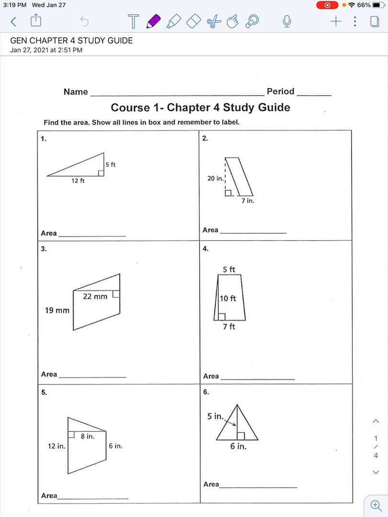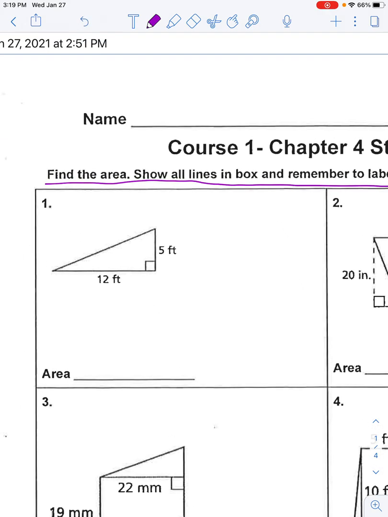Numbers 1 through 6. We're going to find the area, show all lines in the box, and remember to label. Guys, when it says show all lines, that means I need to see the formula. You're going to have to know tomorrow that that's a triangle. I will give you formulas, but you have to know the shape that you're plugging in.